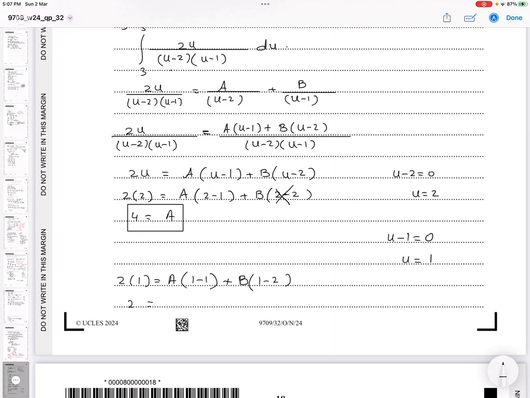So 2 equals, this will be 0, 1 minus 2 is minus 1, so minus b. So this gives us b is equal to minus 2.